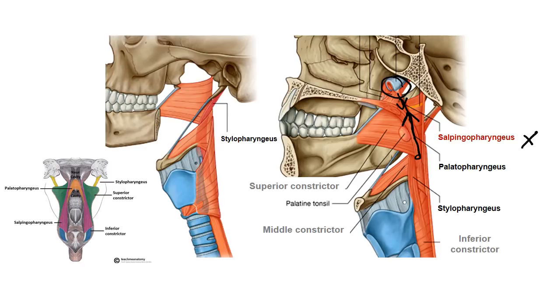So in review, we have the salpingopharyngeus and the palatopharyngeus innervated by 10, and the stylopharyngeus innervated by 9, along with the 3 constrictor muscles innervated by 10 as well.